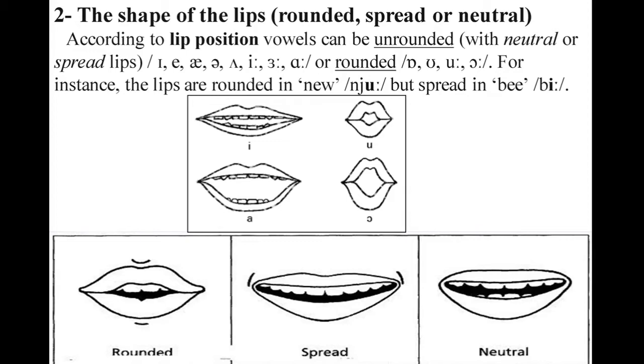For instance, the lips are rounded in the word new, but spread in bee. When pronouncing bee, you feel like you are smiling. This is what we mean by spread lips.